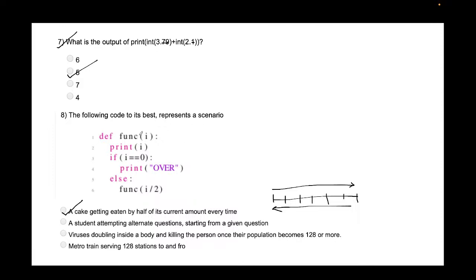You just give one value of I and then see how it is decreasing for every call of the function. So if you give 16 in this case, it will go 16, 8, 4, 2, like that. Based on that trend, you can cut off all the other obvious wrong answers, and then you can come to a conclusion.